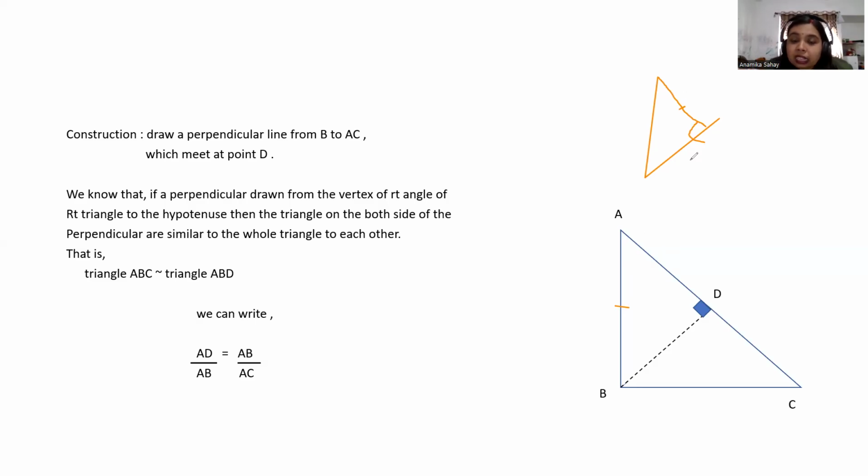And again AB by AC: this is the hypotenuse for triangle ABD and this is the hypotenuse for triangle ABC. AB by AD, in the same way, AB by AC. I hope this is clear for you.